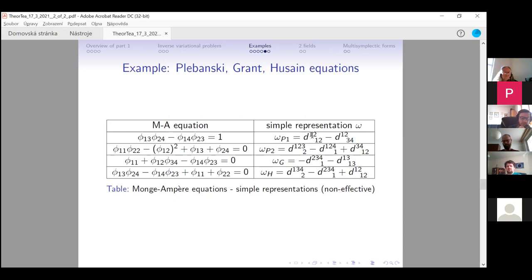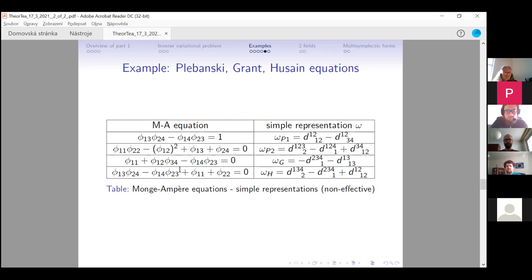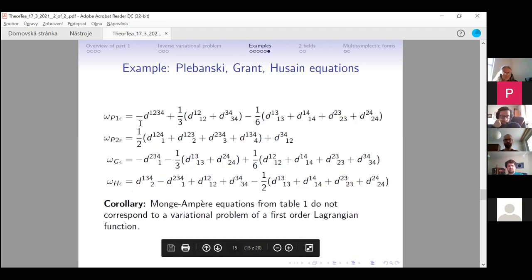And depending, of course, what number we have, the appropriate DQ or DP is considered. So those are forms that if you consider the Monge-Ampere equation for these forms, you get the left-hand sides, I mean the left part of the table. And none of them is effective. The effective parts look like this.